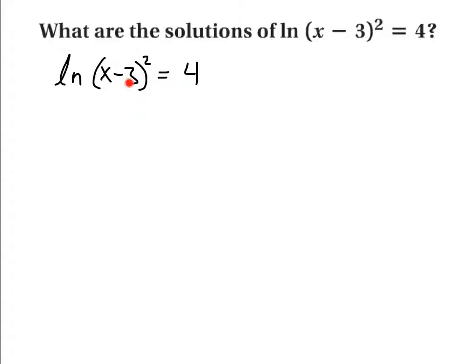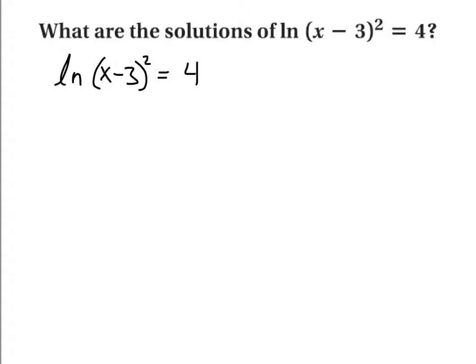No. Be careful. I'm taking this negative number, x minus 3, and doing what with it? Squaring it. So what's a negative number squared? A positive number. So regardless if this is negative or not, I'm still taking the natural log of a positive number. So all that is okay.